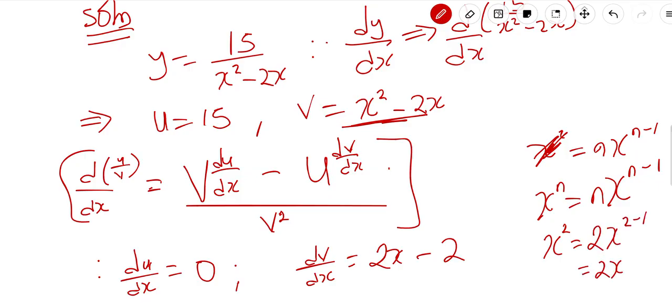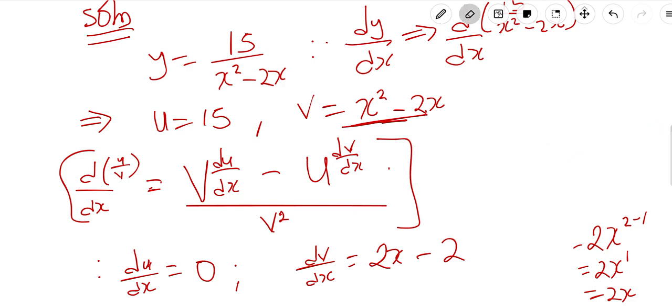That gives me 2x. Then when we differentiate 2x, still using the power function rule, you're just going to have 2. So that's how we arrived at 2x minus 2 as the value if we differentiate v.